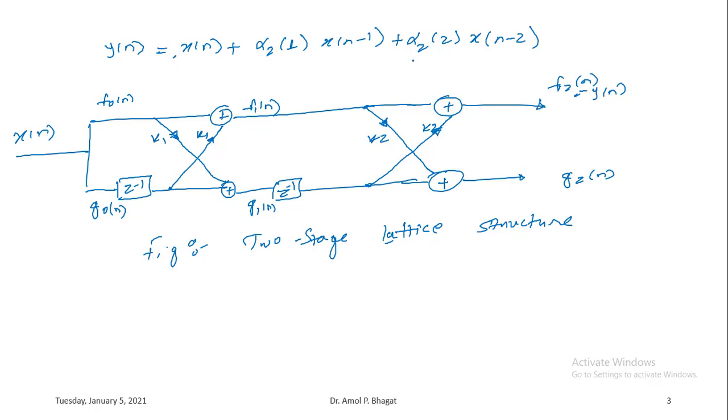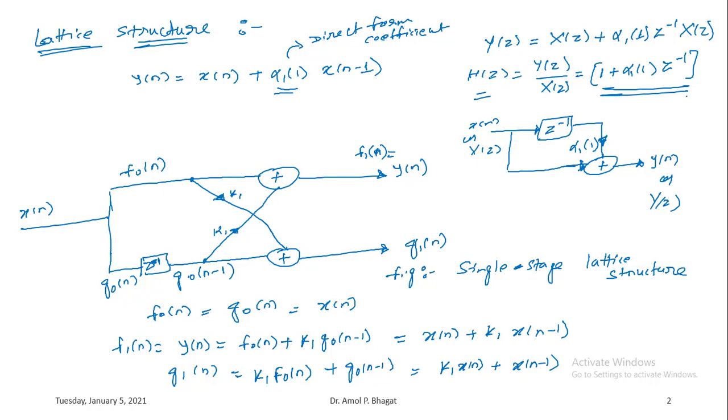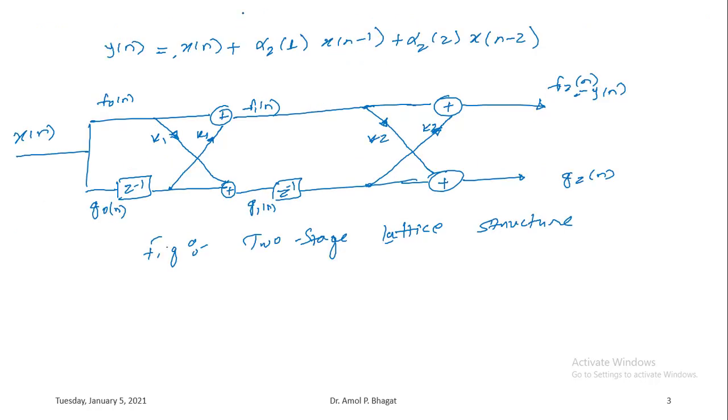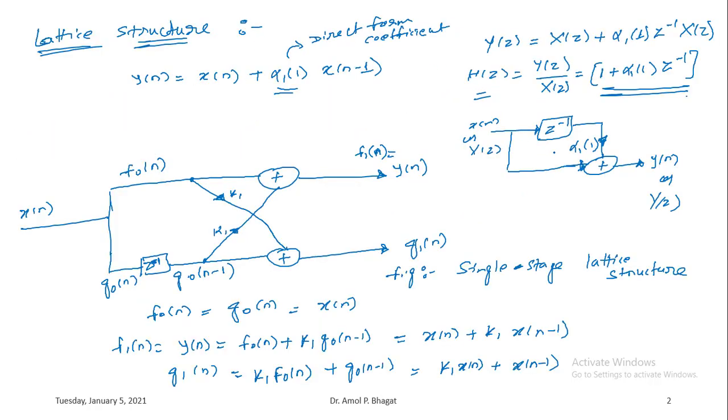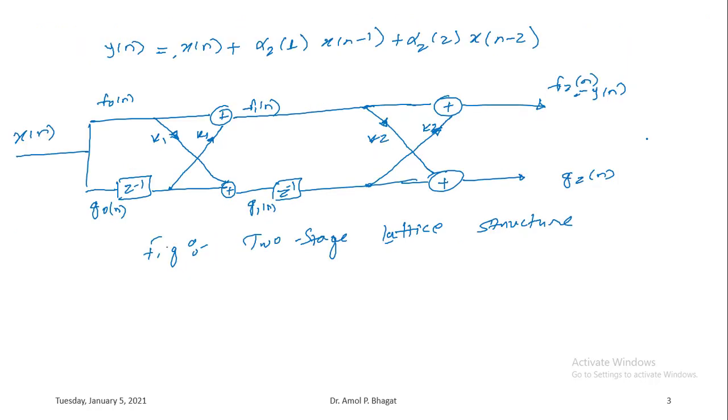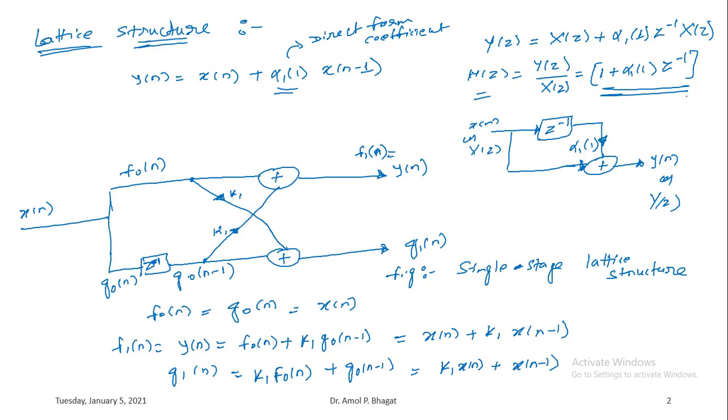So again, this equation can be converted into system function H of z by taking its z transform, right? You can obtain this H of z and then you can realize it by using this direct form realization, right? As we have obtained it here. So we did it here for single stage or first order difference equation.